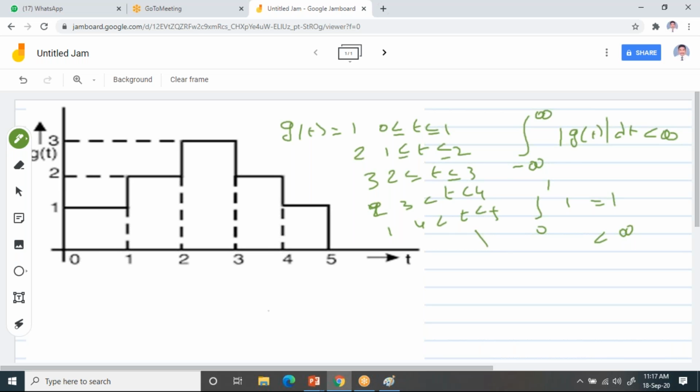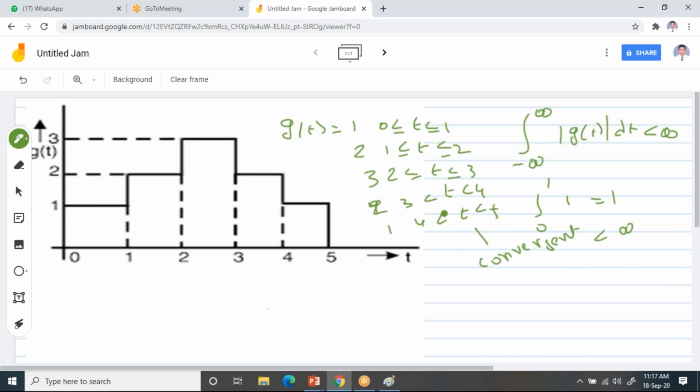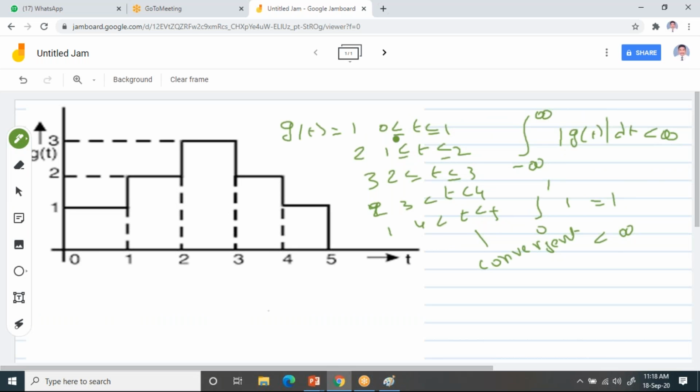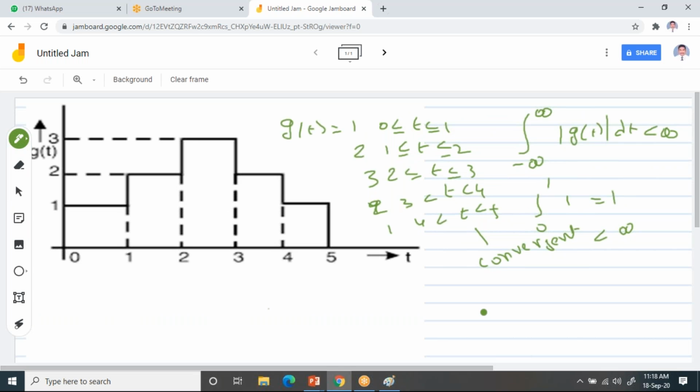When you apply the Fourier transform, you should be very careful while writing this. Since the function exists from 0 to 5 and is not defined with a single equation but in a piecewise manner, you have to write the integration.